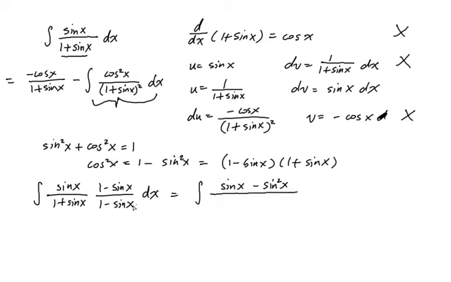For the denominator, this is 1 plus sine x times 1 minus sine x, which is just equal to cosine squared x. So this denominator with just one term is much easier to work with.